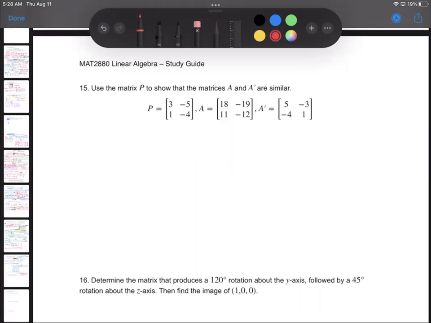Okay, so well, we know A prime is 5, negative 3, negative 4, 1. Now is it equal to P inverse, which is 3, negative 5, 1, negative 4, and of course, take the inverse. A is 18, negative 19, 11, negative 12. And P is 3, negative 5, 1, negative 4.